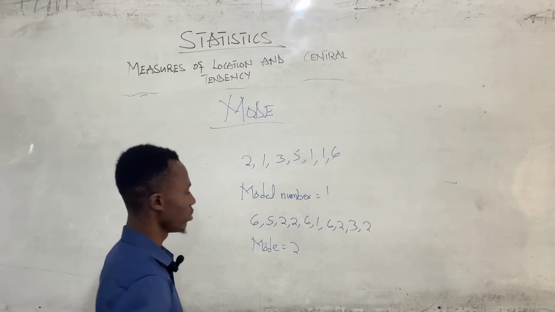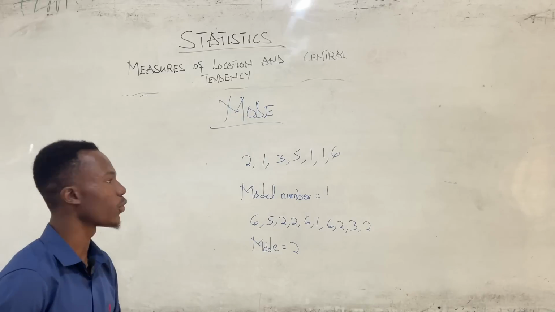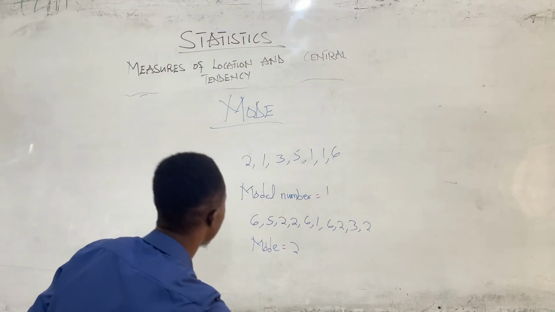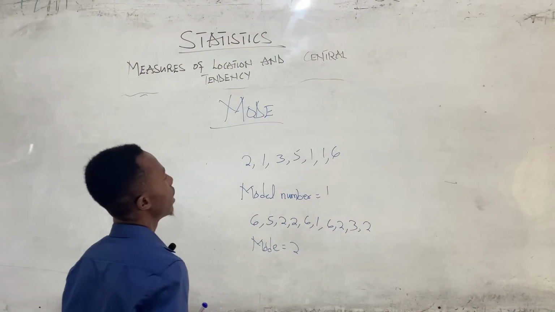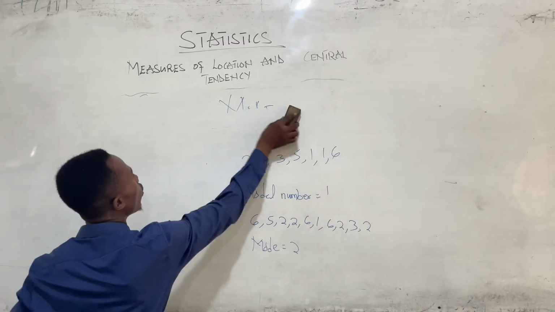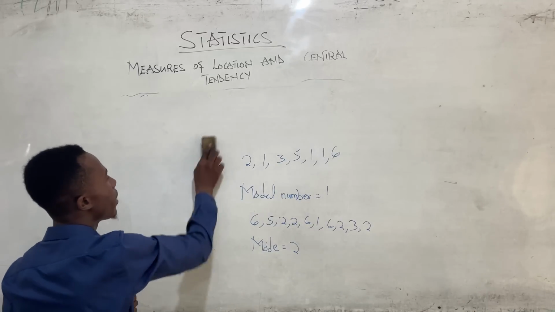This is how we calculate the mode. It is simple: you scan through the data and pick the number with the highest number of observations. Now let's look at median.